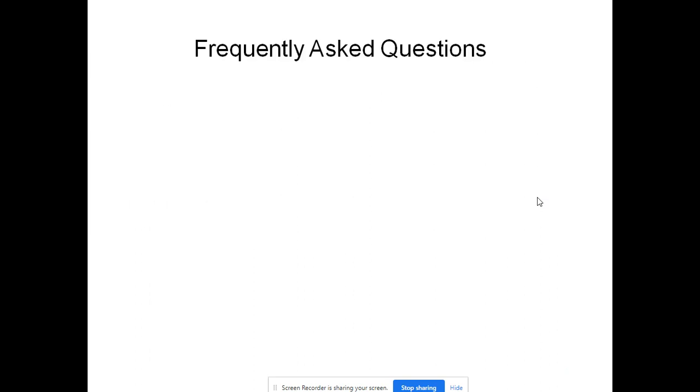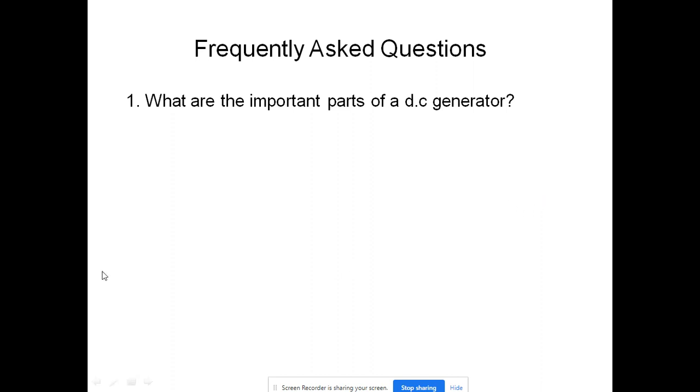And some of the frequently asked questions in this topic are: what are the important parts of DC generators? It may be a short question or a long question.